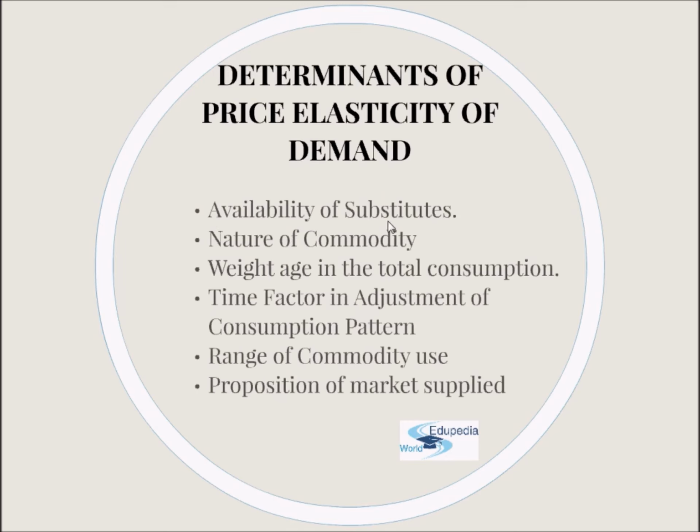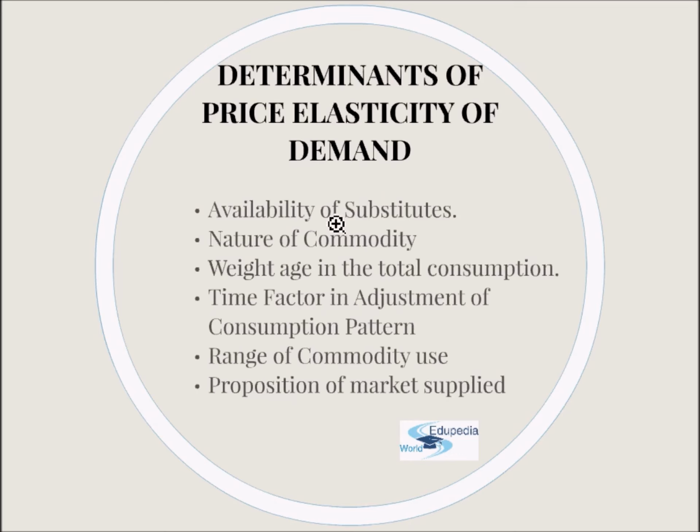First one is availability of substitutes. The closer the substitute of a commodity available in the market, the higher will be the price elasticity of demand of that particular product. For example, we take the example of tea and coffee. If the price of tea increases, people immediately switch over to the consumption of coffee.